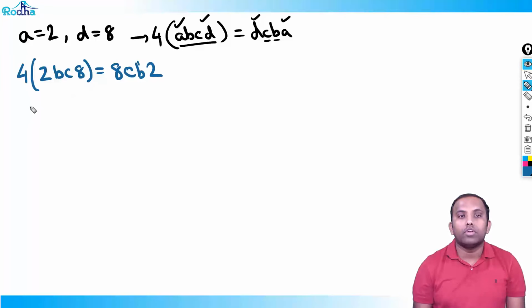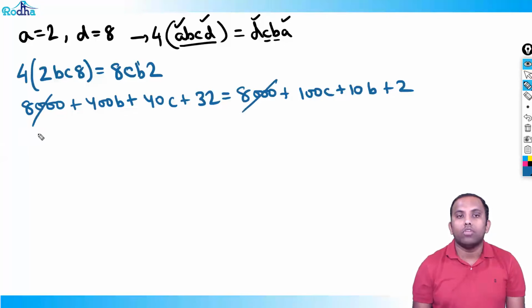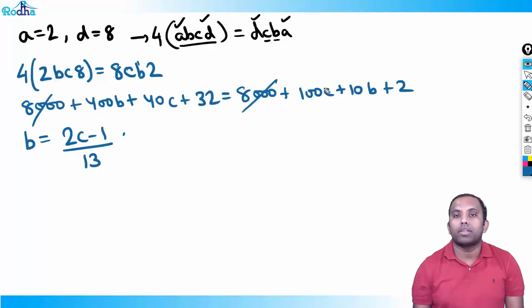So 2000 into 4 is 8000, plus 100B into 4 is 400B, plus 10C into 4 is 40C, plus 32, is equal to 8000 plus 100C plus 10B plus 2. This gets cancelled, right? So now you solve, you get B is equal to (2C minus 1) by 13.